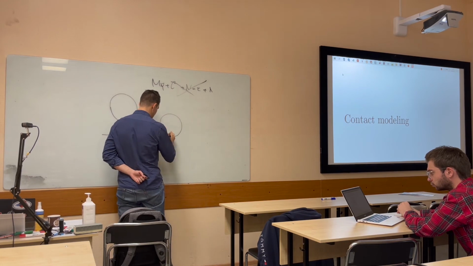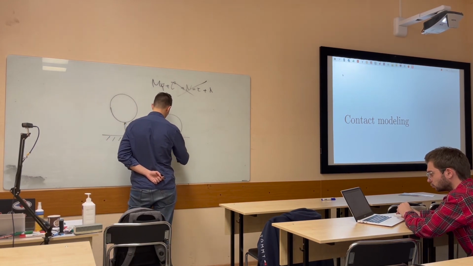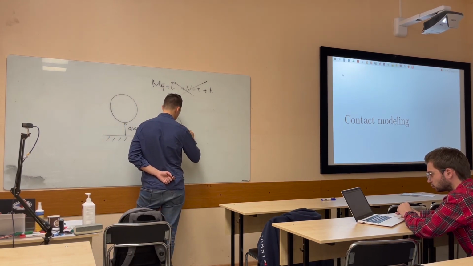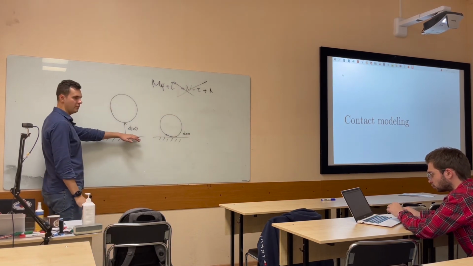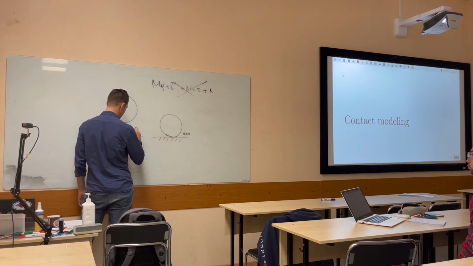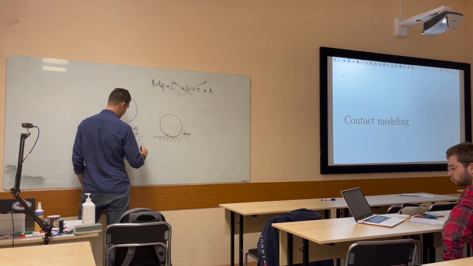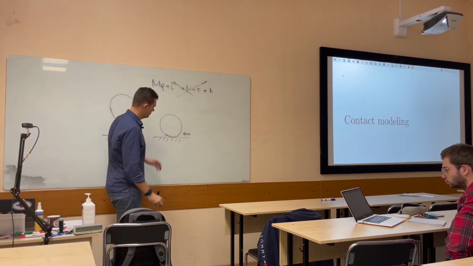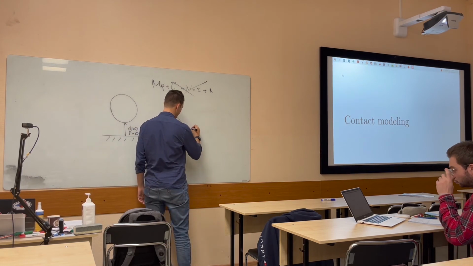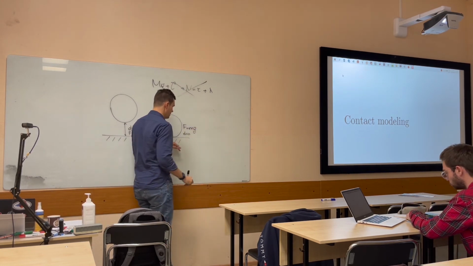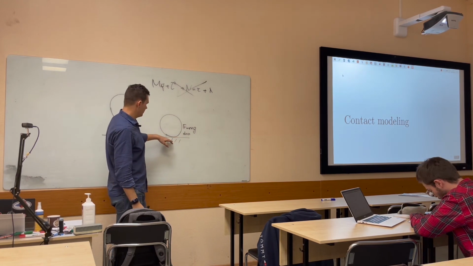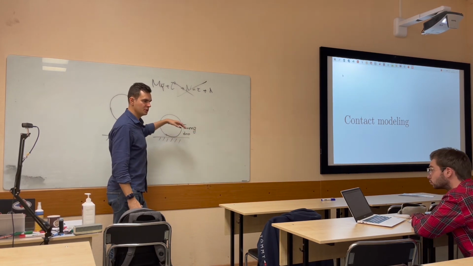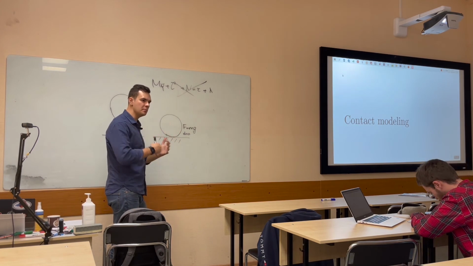Then another case, when the d equals 0. Here it's obvious that the force equals 0, right? But here, force is something like mg. There is no component of force that allows you to modulate the impact.